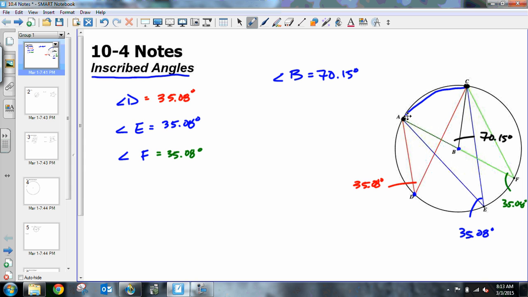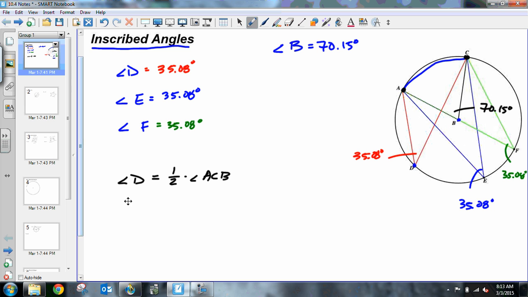It doesn't matter which one of these we choose, but I'm just going to go with angle D. So I'm going to say that angle D is equal to 1/2 of angle ACB. And really what you should write here instead is that angle D is equal to 1/2 of the measure of the arc from A to C. And that's kind of the idea here with these inscribed angles.